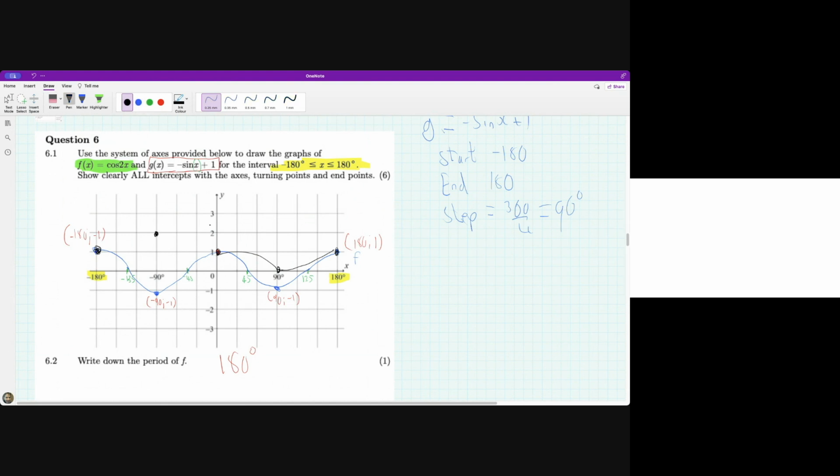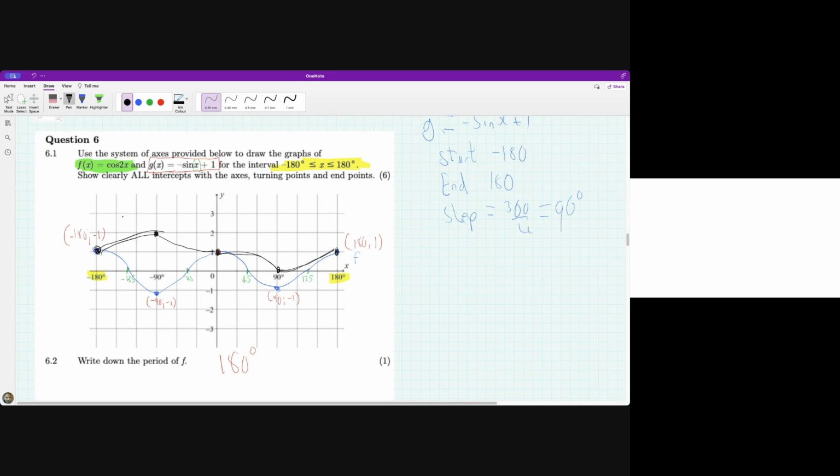So here, because it's been reflected, this would go up. And then over here, it should then go like that, which is a bit weird. Up, down, down, up. Okay, that is roughly what we're going to get.